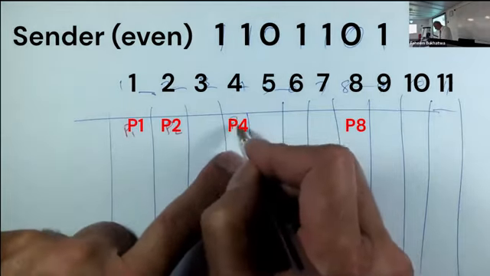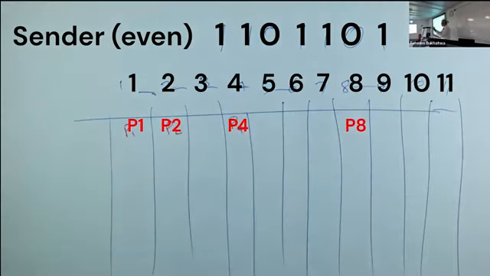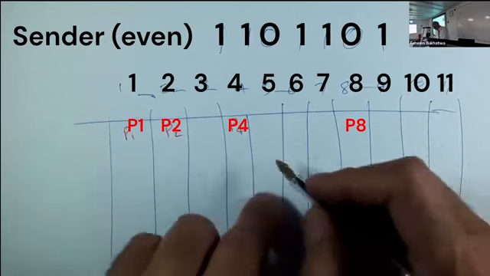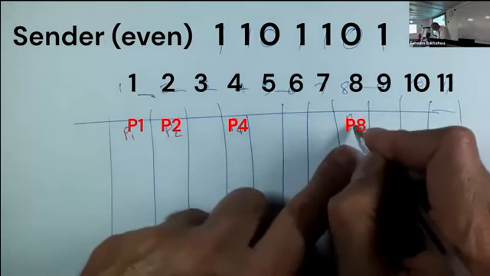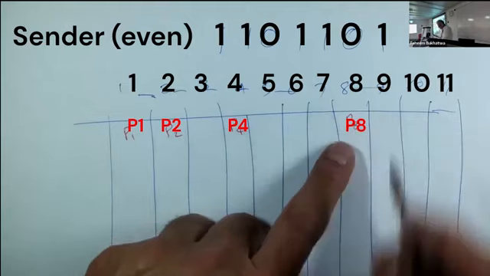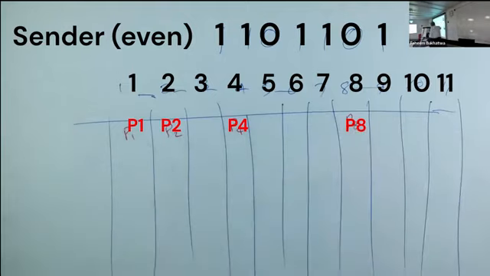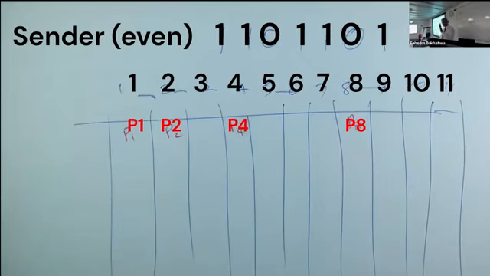Position 4 is always a parity, never put data in. And the next position is 8, and so on. We call them by their names: P1, P2, P4, P8. So we know this is parity, just for simplicity. So this is parity bit number 2. We know where its position is.